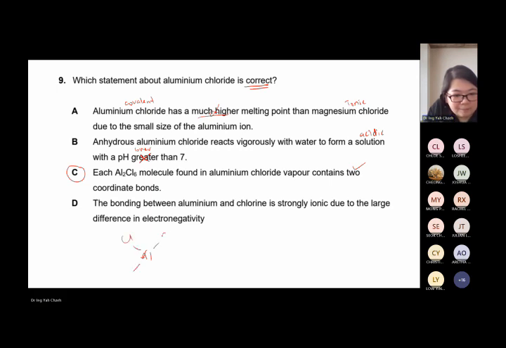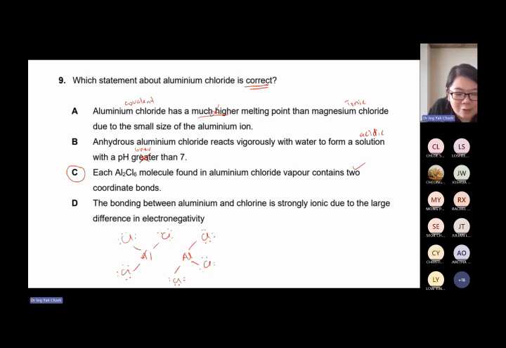AlCl3, like this, and then you have another AlCl3. Because this Cl has lone pair electrons, all of them actually have 3 lone pairs of electrons. I wanted to skip and not draw everything, but might as well just put the dots in.